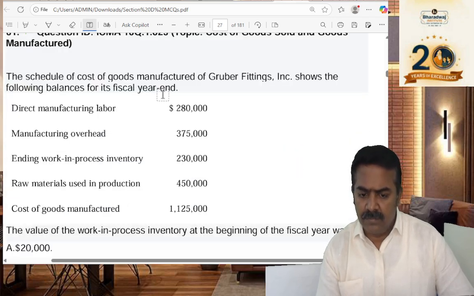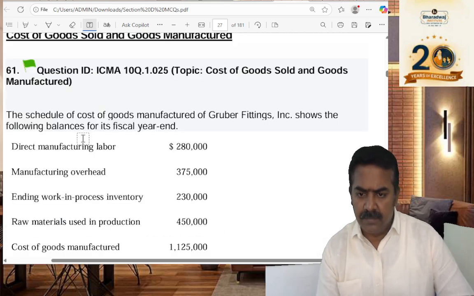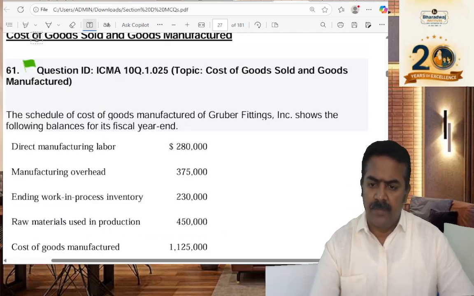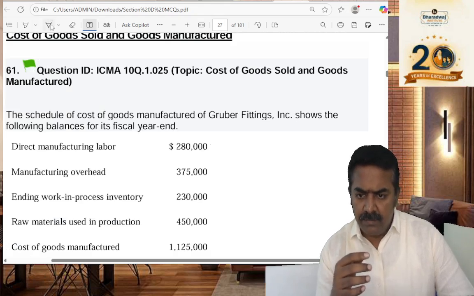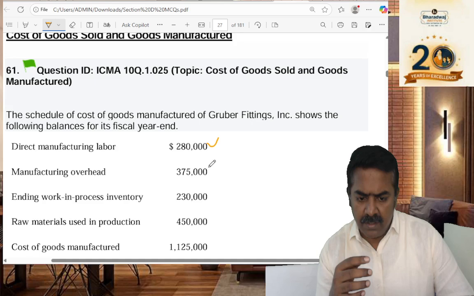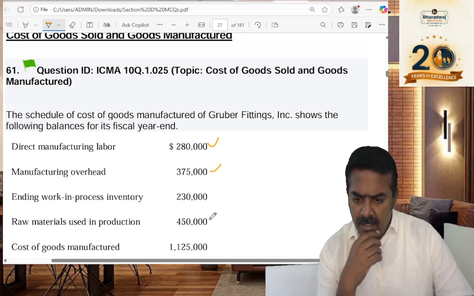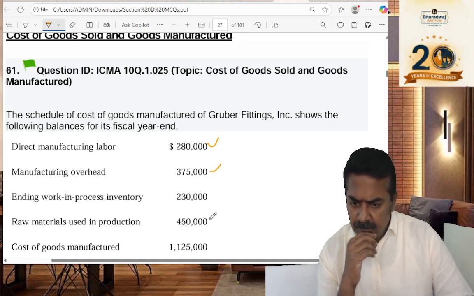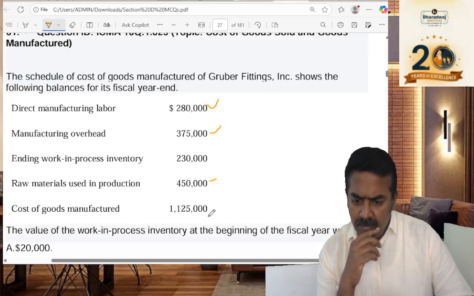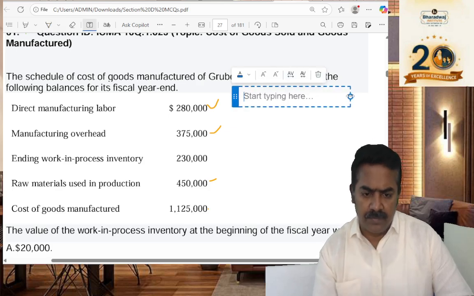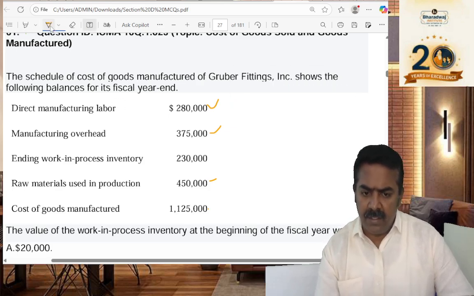61. Value of work in progress inventory category. Material plus labor, raw material used in production, cost of goods manufactured. Let us work out. What is material?